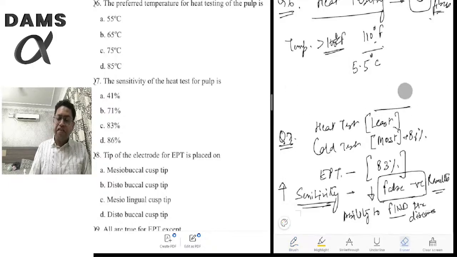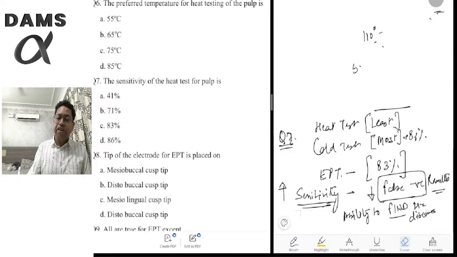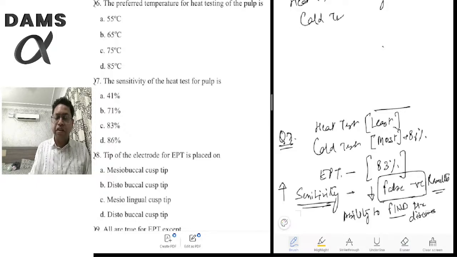Okay. If we discuss the ability to find the disease, that is called sensitivity. The heat test is the most sensitive test at 86%, followed by the cold test at 81%, followed by the electric pulp test at nearly 71%.